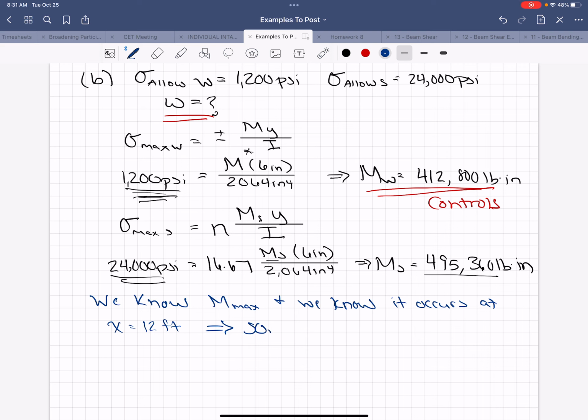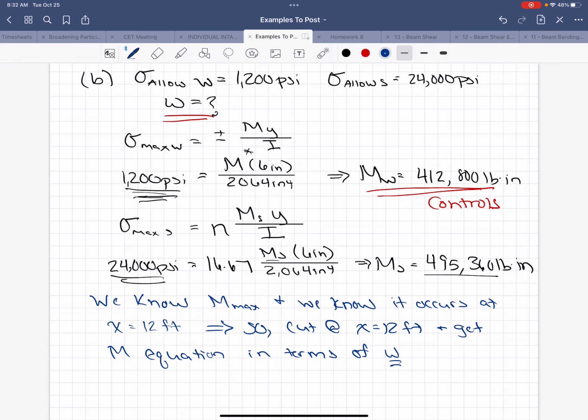So we cut at x equals 12 feet and get a moment equation in terms of W, because that's what we're looking for.